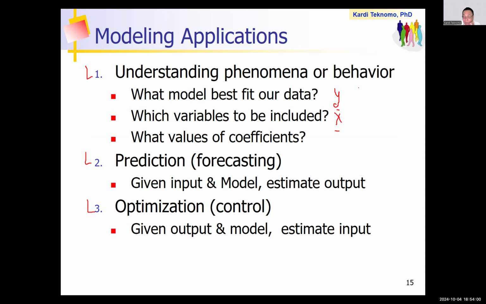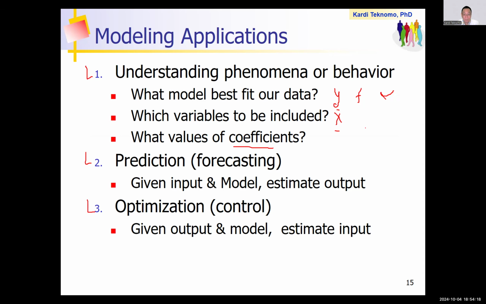Let's call your model the function F. And what are the variables to be included? Of course, the input and output, many inputs and probably one output. And what is the value of the coefficient? Let's call this coefficient alpha.